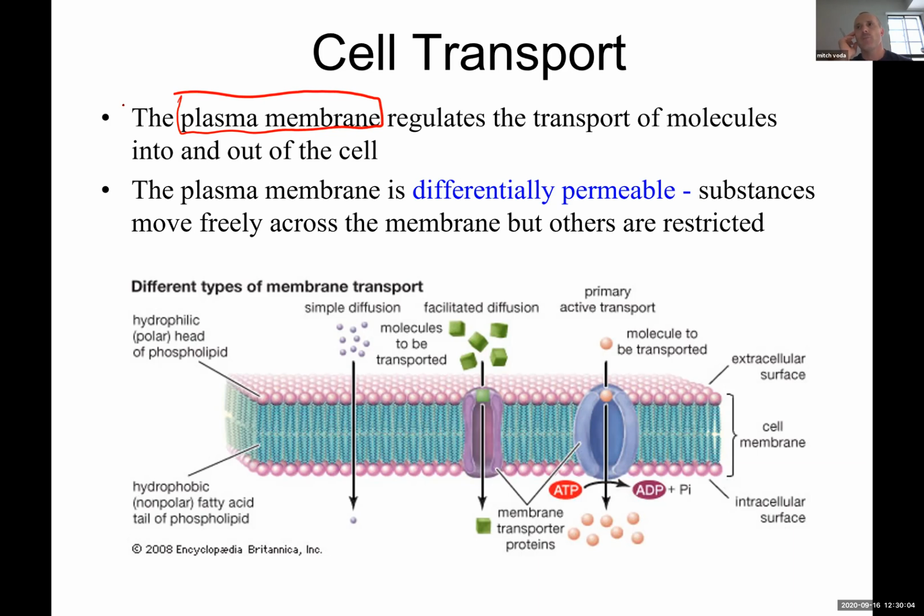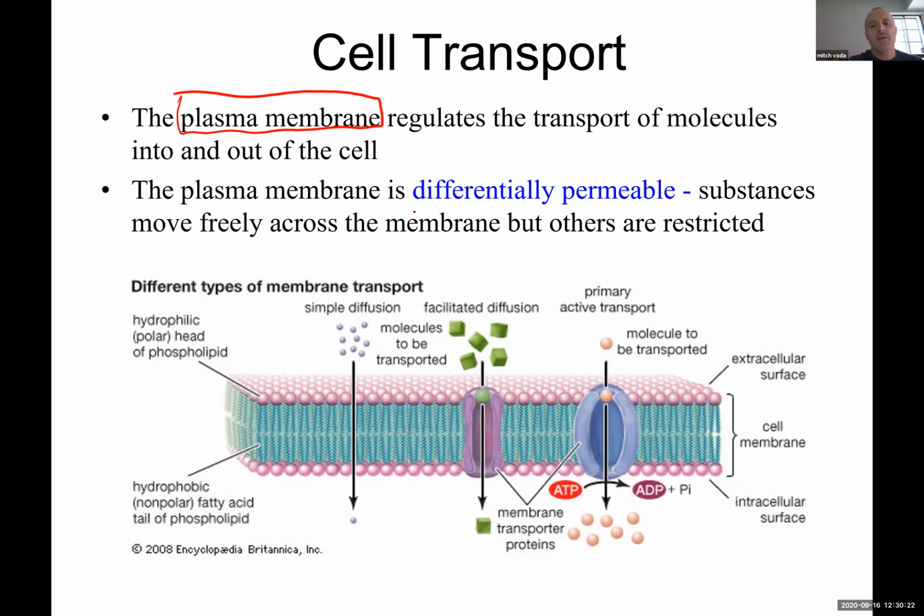So by having those proteins and those carbohydrates and the fact that it's a lipid bilayer, the plasma membrane becomes basically semi-permeable. It will not allow everything to move, but it controls what moves in and what comes out.